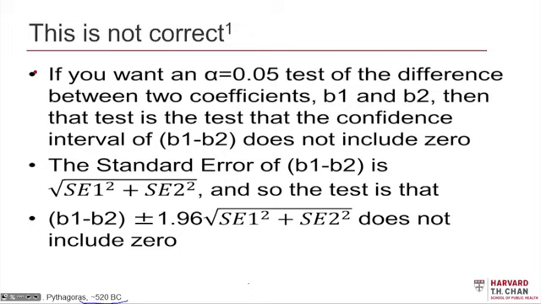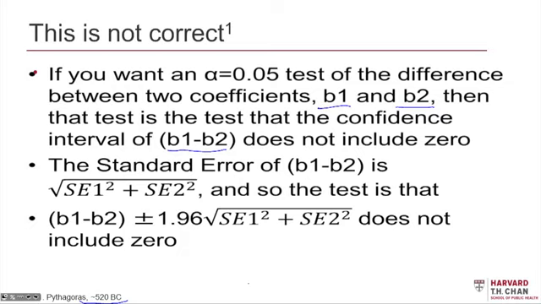Why? Well, okay, I have 2 coefficients, right? And I want to know, is the difference between those coefficients significantly different than 0, right? I want to know, do the confidence intervals of B1 minus B2 include 0? If it does, there's no significant difference between boys and girls.